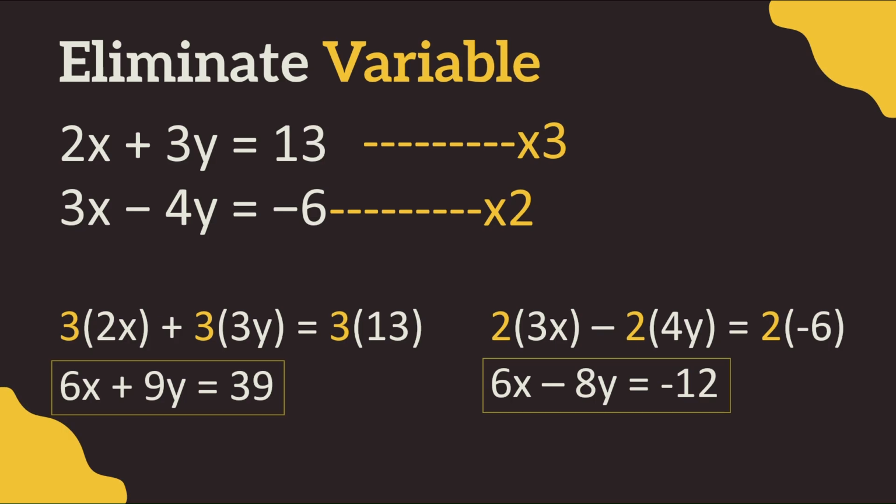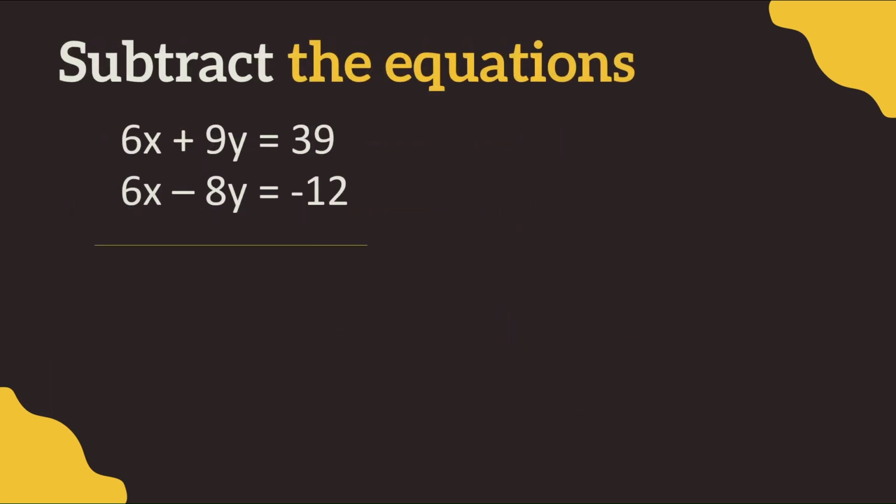Since both equations now have positive 6x, we'll subtract the second equation from the first. The trick here is to change the signs of all the terms of the second equation. Plus 6x becomes minus 6x, minus 8y becomes plus 8y, and minus 12 becomes plus 12.